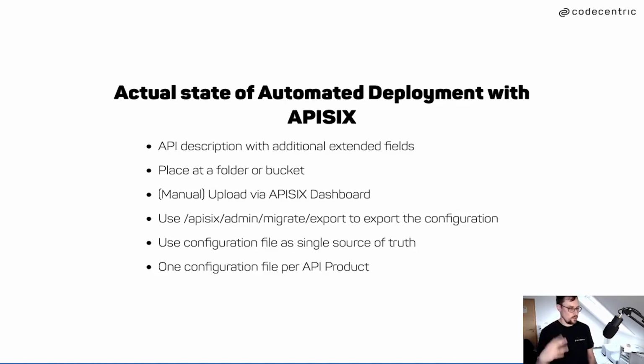What we can do, we saw it earlier, we have the API description with additional extended fields, but we have to place these descriptions in a folder or a bucket, because we only can upload these specifications for now. I know the guys are working on version 3 and this will change actually, but for now we are only able to upload the descriptions via the APISIX dashboard.